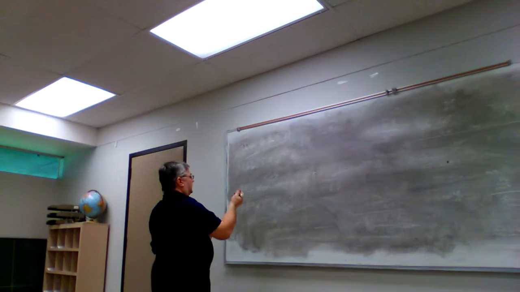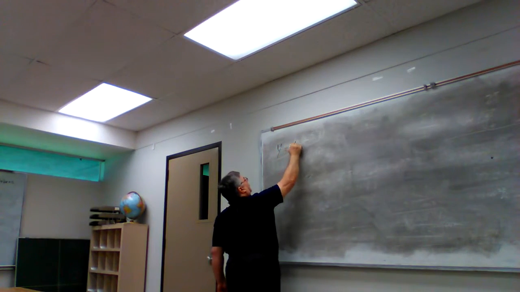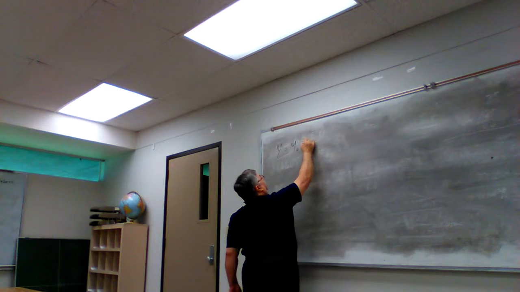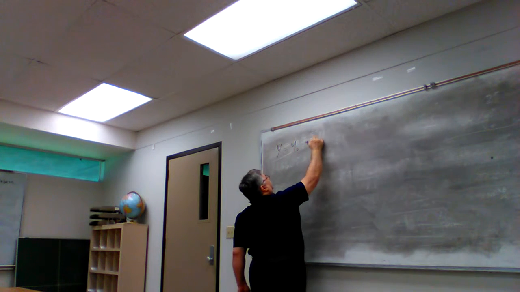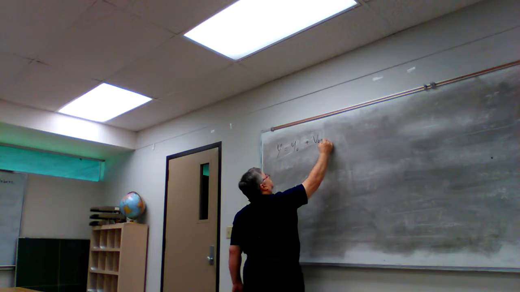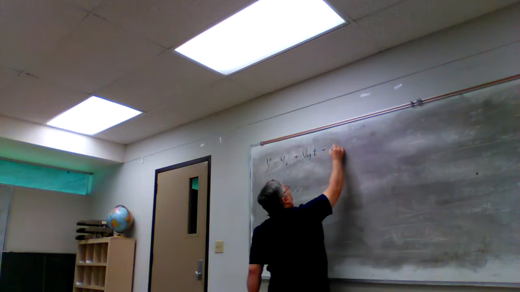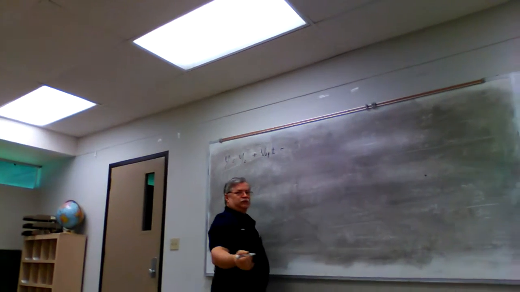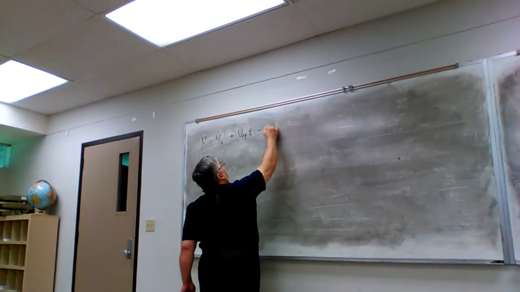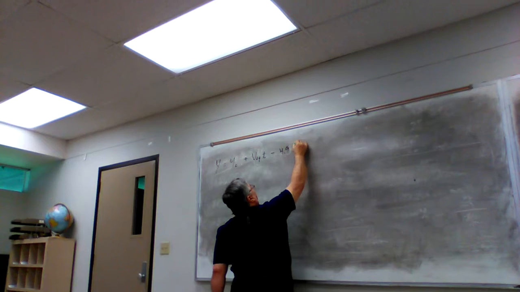Is this one already dying on me? y equals y sub naught plus v sub naught y t minus 1/2 g, which is 4.9 meters per second squared, times t squared.